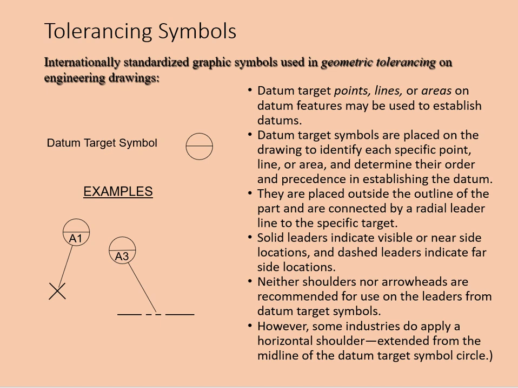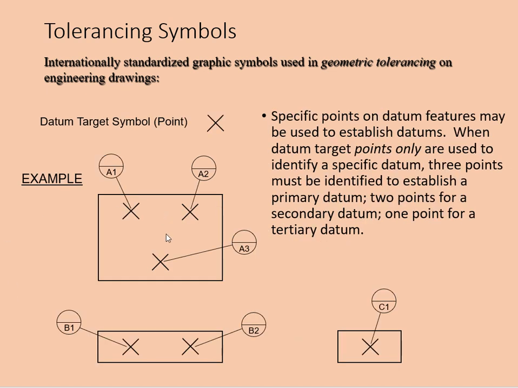Let's take a look at this. Here is a little cross right there, the target symbol point. They're just specific points, datum features, establishing your datums on your drawing.